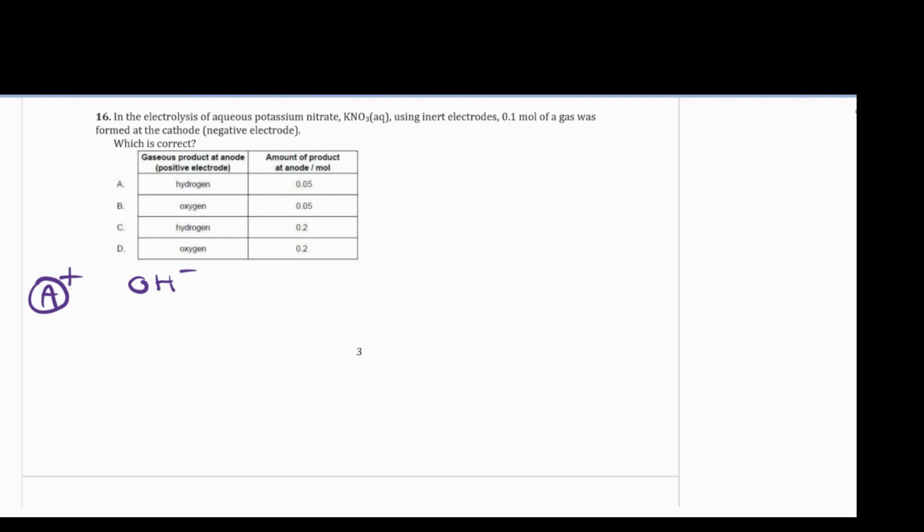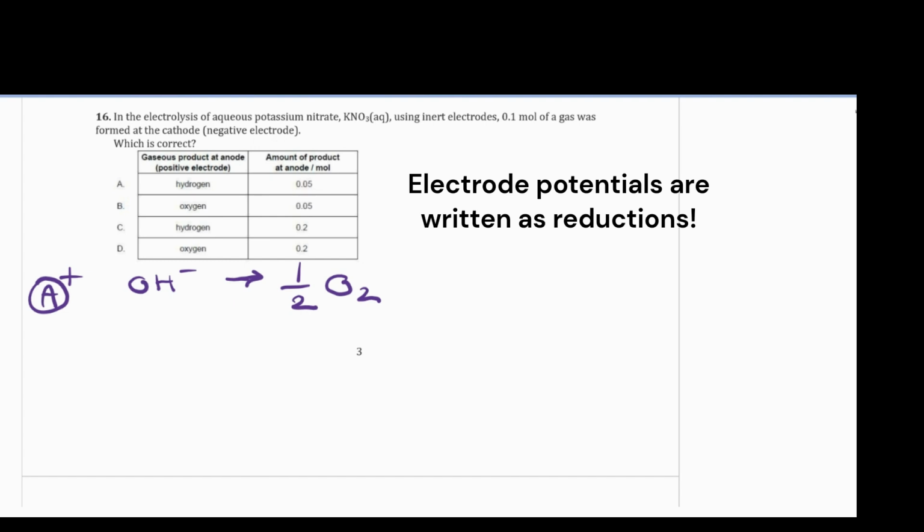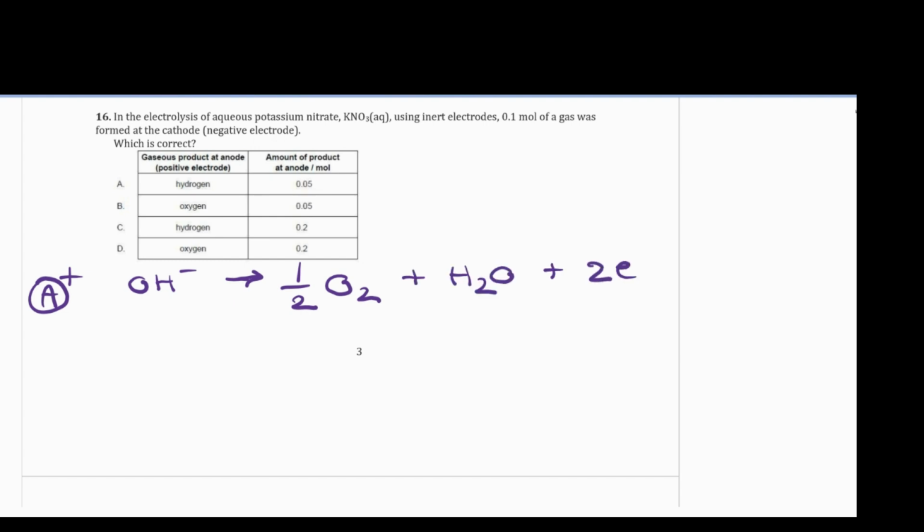So what's going to happen to these hydroxides? What happens at the anode? That's right, oxidation. So they will be oxidized. Now, what's the electrode potential equation for a hydroxide molecule? We have OH minus going to half O2 plus H2O plus 2 electrons.